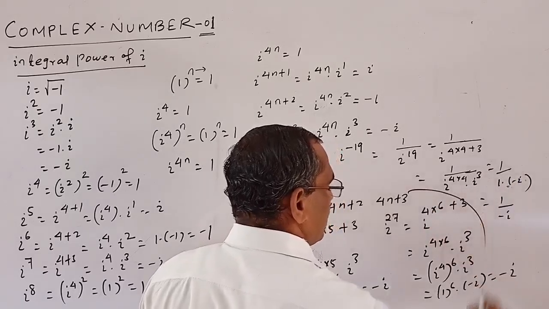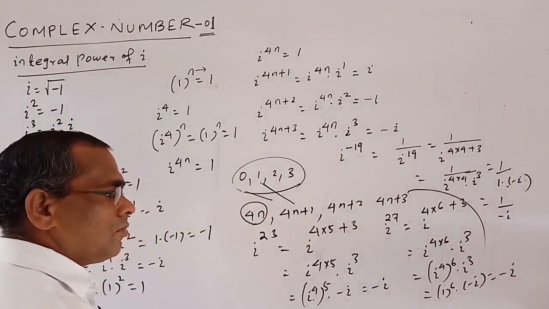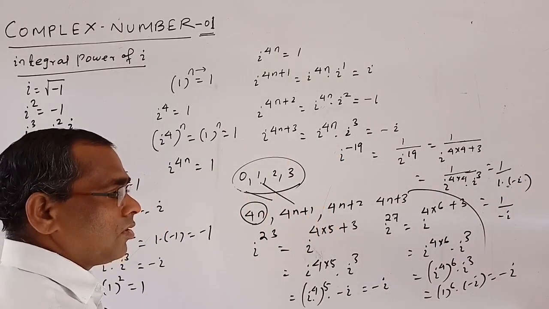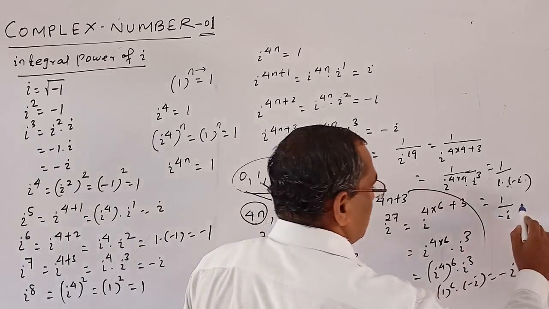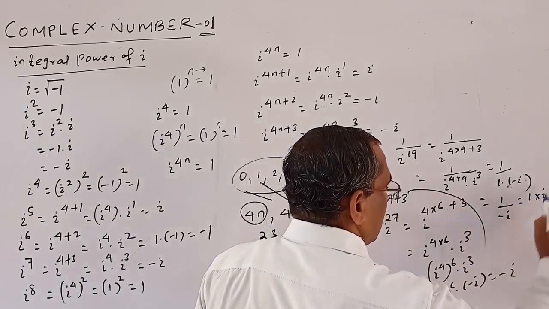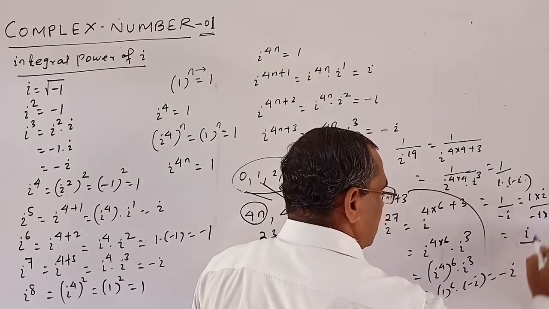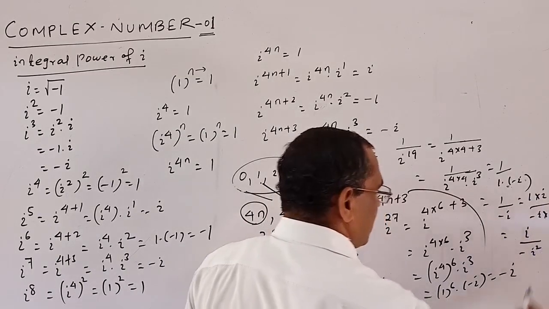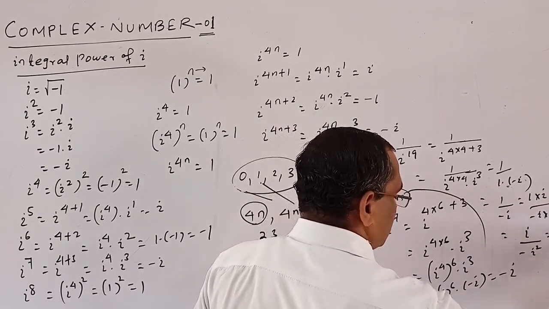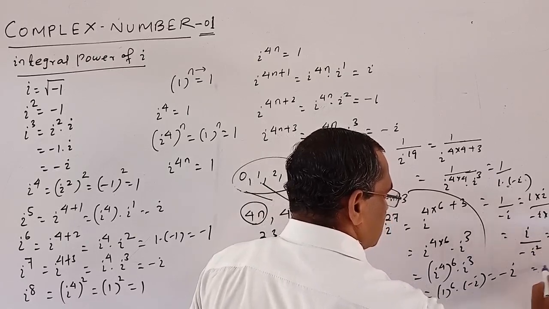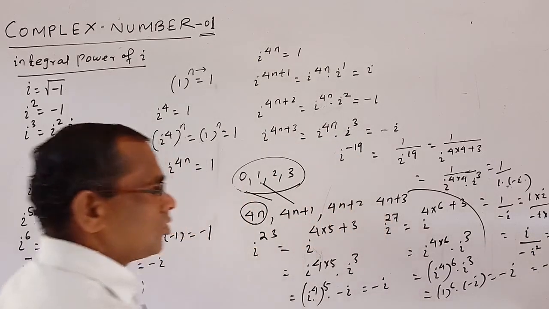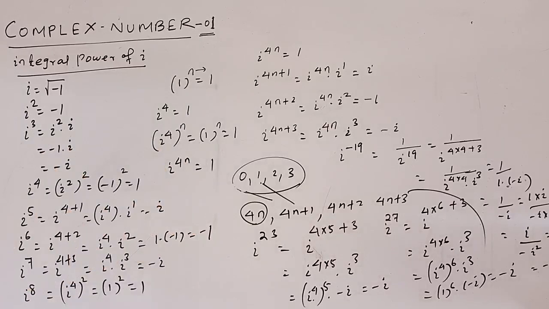So 1 by minus i. 1 by minus i is a fraction with an imaginary number in the denominator, but it is not in imaginary form, so to express it you first multiply by i. This is minus i into i by i square, which is minus i square, and i square means -1, so 1 by i to the 19 equals minus i.